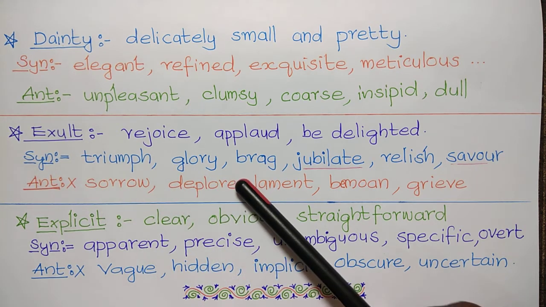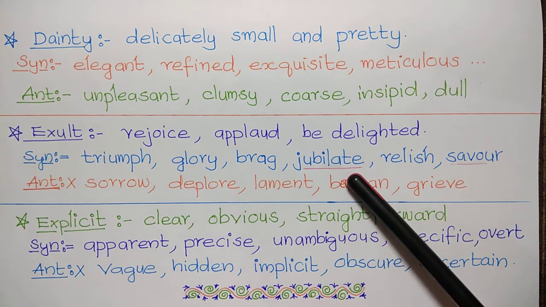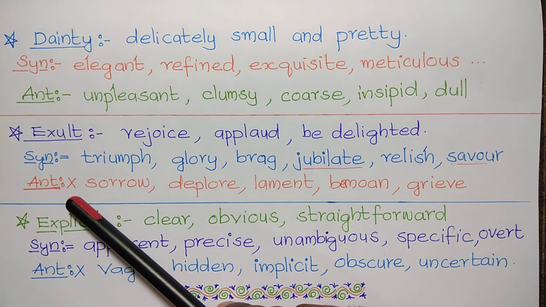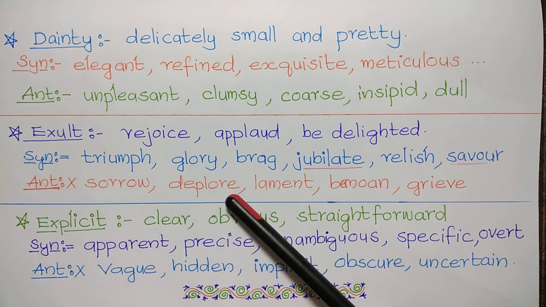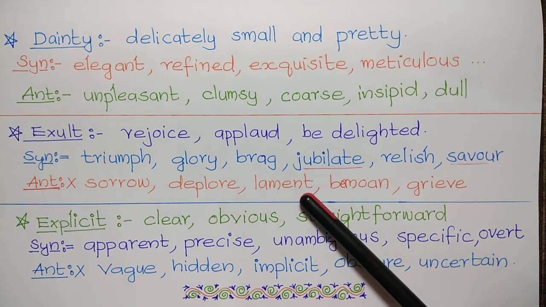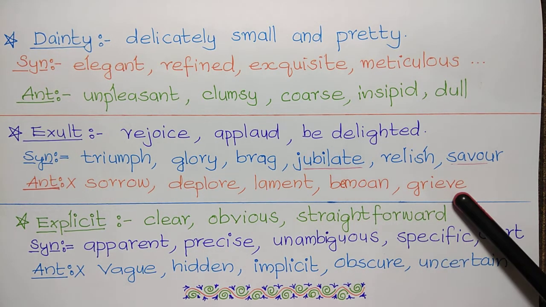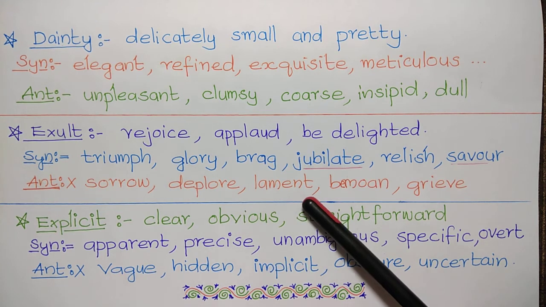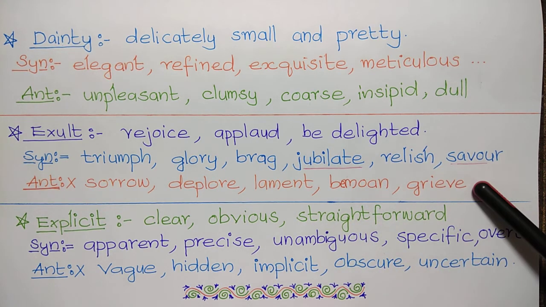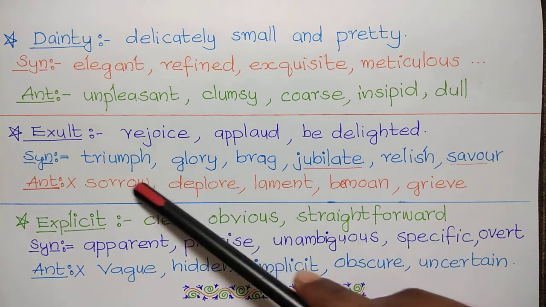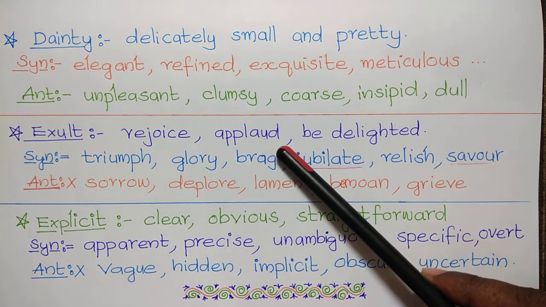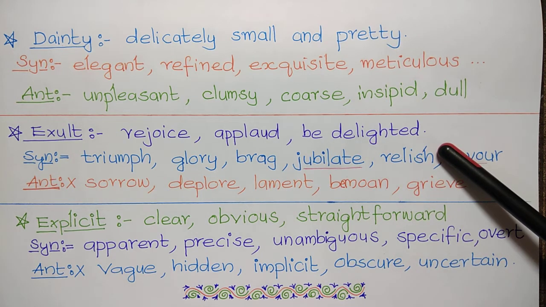Antonyms are sorrow, deplore, lament, bemoan, grieve. These are antonyms of exult. That means rejoice, applaud or be delighted.